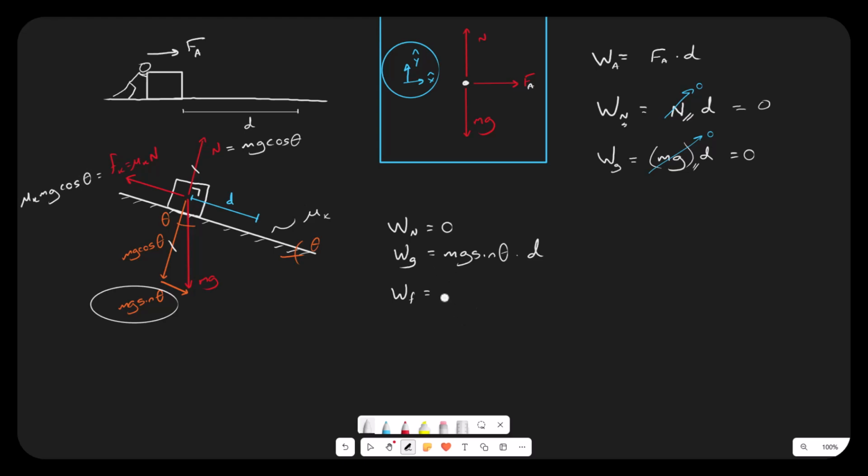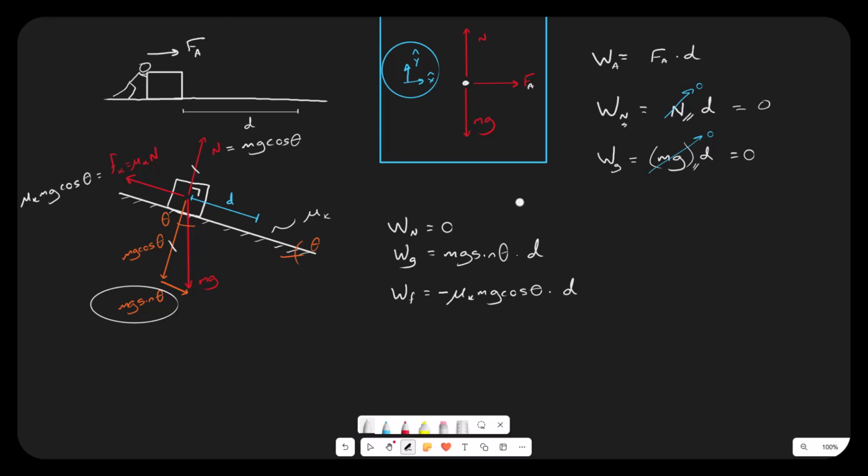The work done by friction is the frictional force, mu k mg cos theta, times the distance, but my force points to the left, my displacement points to the right, so I'm going to get a minus sign. This frictional force is trying to keep me from going down the hill, but I'm moving down the hill anyway. If the force is not getting what it wants, then it must be doing negative work.